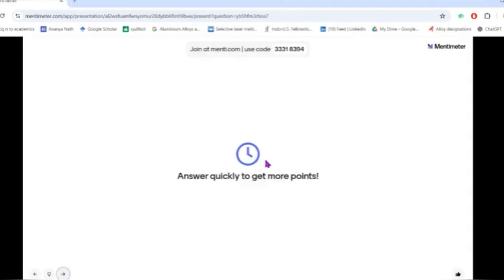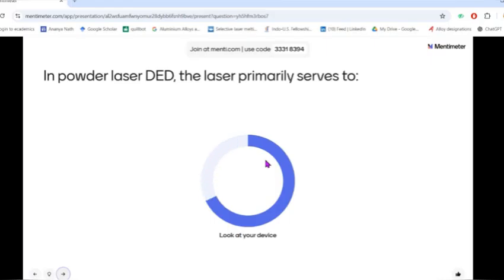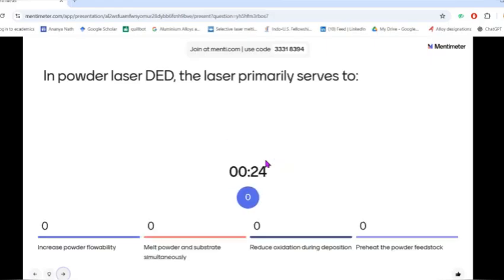This is your first question. In powder laser DED, the laser primarily serves to... It's very easy.